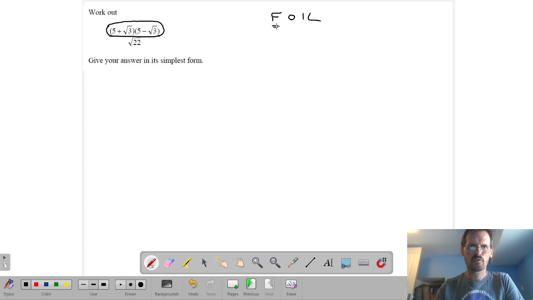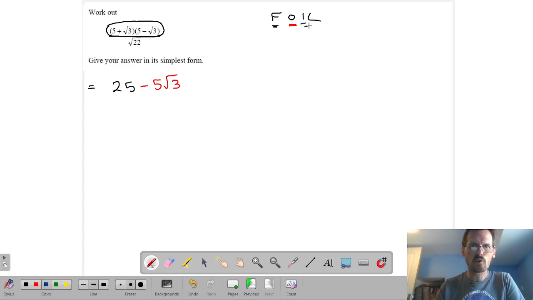So the first thing times the first thing. So the 5 times the 5, that's 25. We'll do each one in a different colour. The O of FOIL stands for the outside thing, so the 5 times the minus root 3. 5 times minus root 3 is minus 5 lots of root 3.